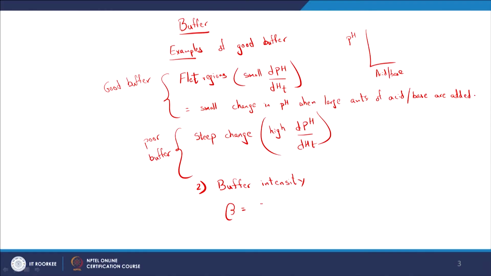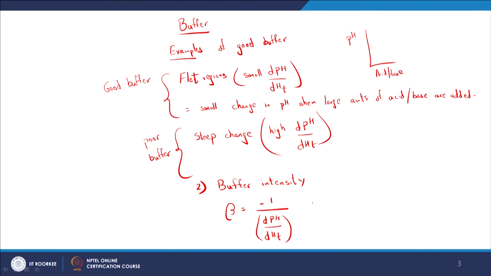When the region is flat, or the slope is less, the buffer intensity is high, and when the slope is steep, the buffer intensity is less. So obviously it's inversely proportional: minus 1 by the slope, which is dpH by dH total.